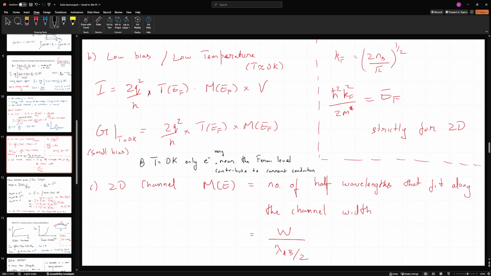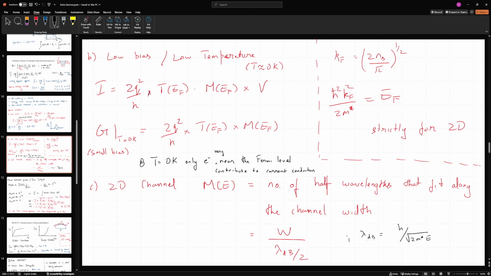So W is equal to λdB, and the number of modes is equal to W divided by λdB by 2. Here, λdB itself will be h divided by the momentum, which is going to be the square root of 2m*E.